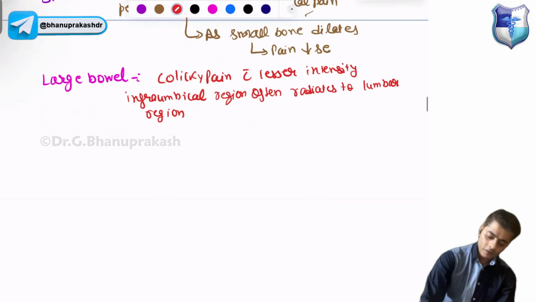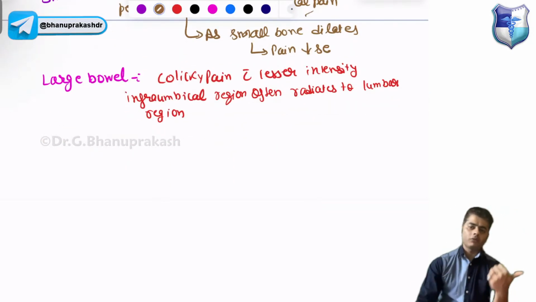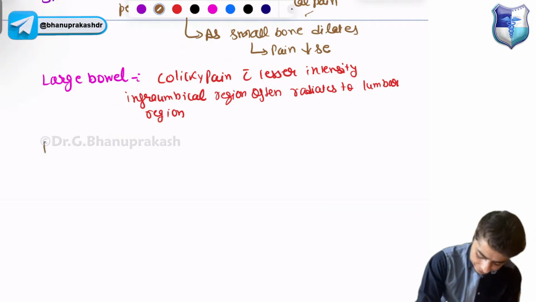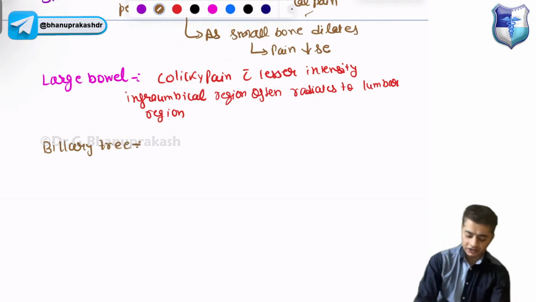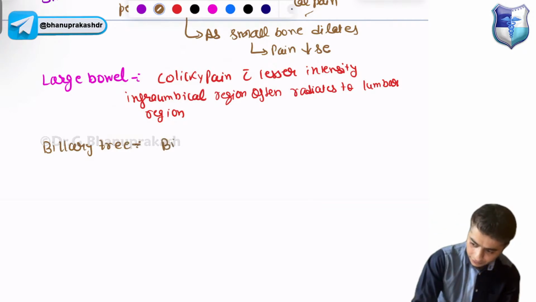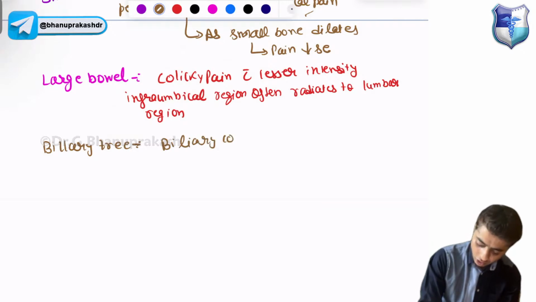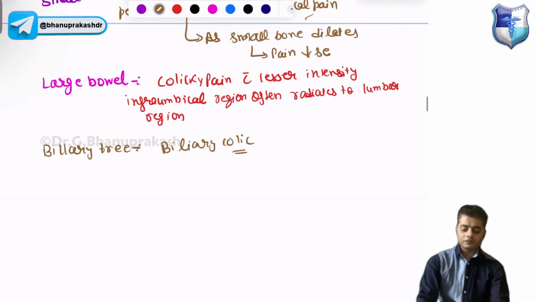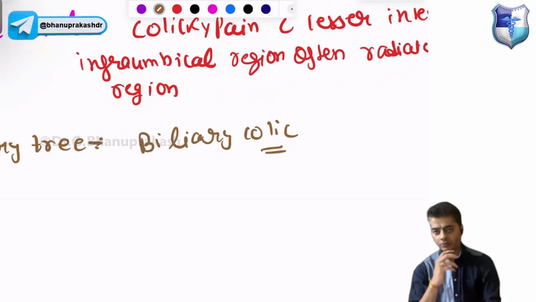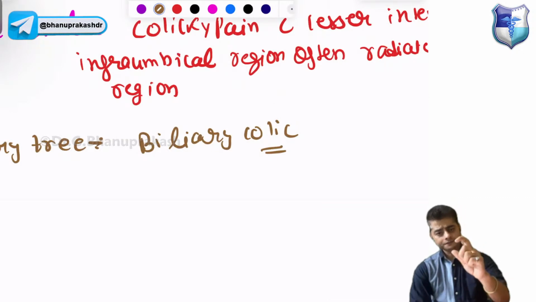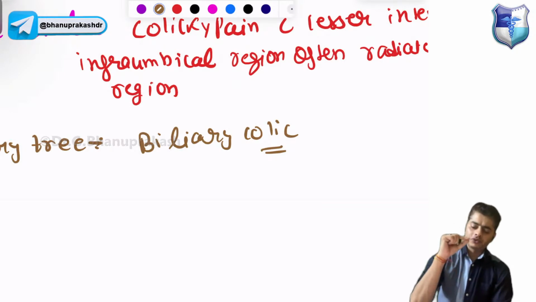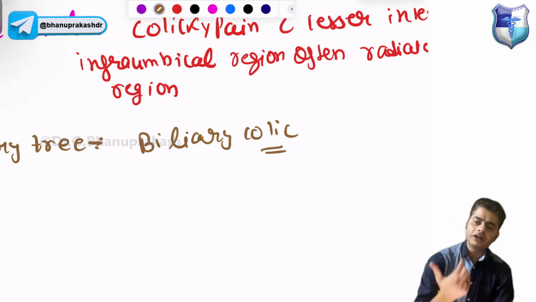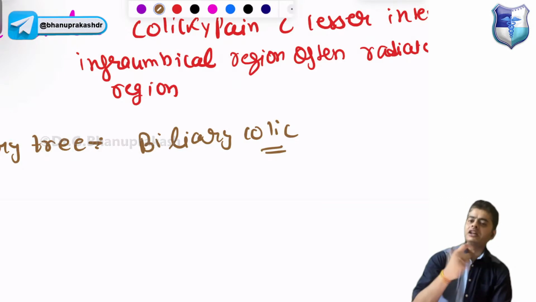Okay. Now we have covered the small bowel and large bowel. Then next is your biliary tree. So we all know pain due to the biliary tree, we generally refer to it as biliary colic. But what we have seen is that the term biliary colic is a misnomer, because whenever there is obstruction in the biliary tree, the obstruction suddenly converts into a distension.